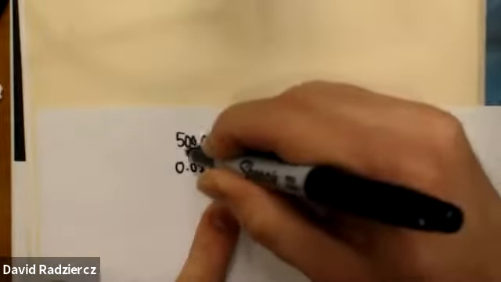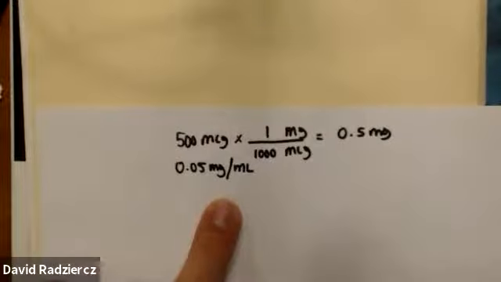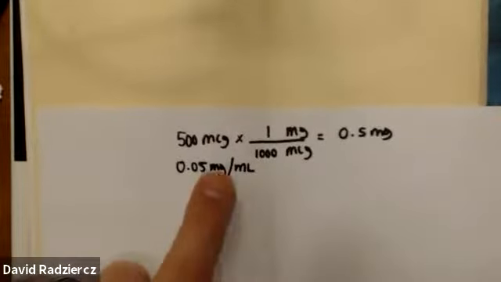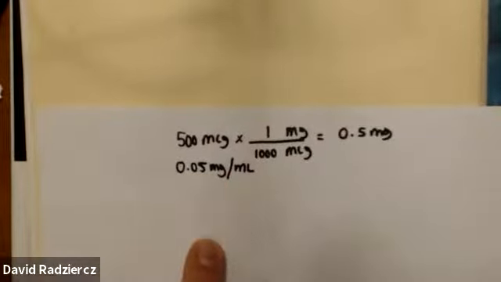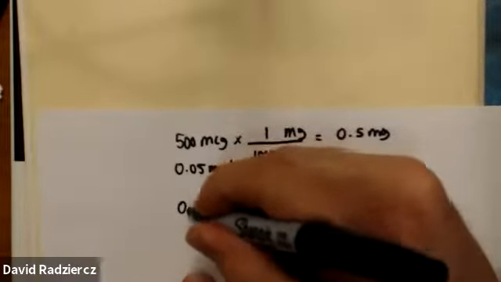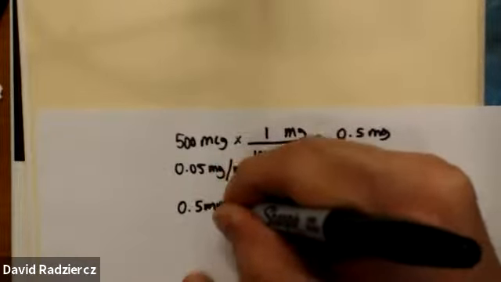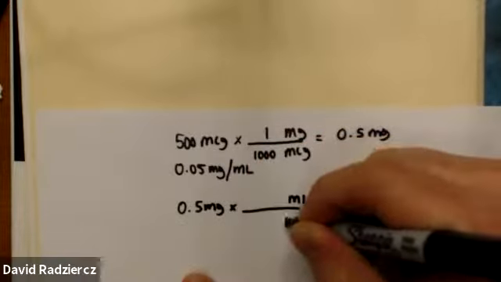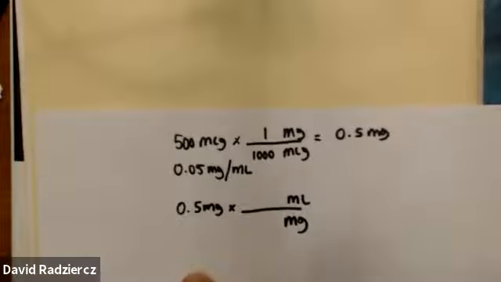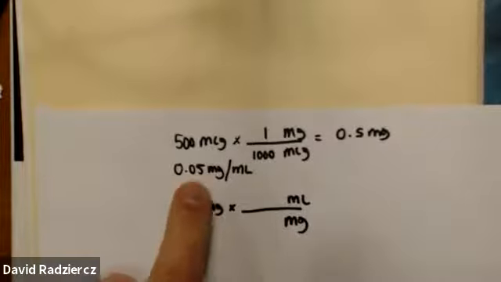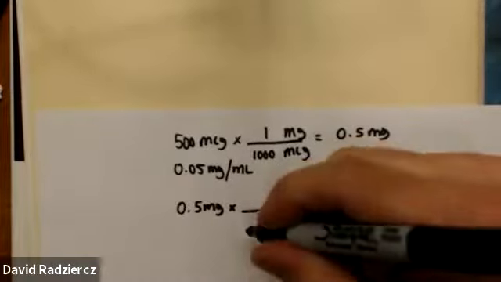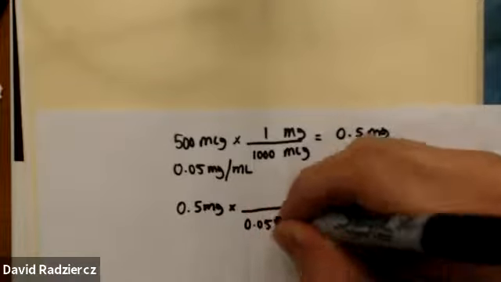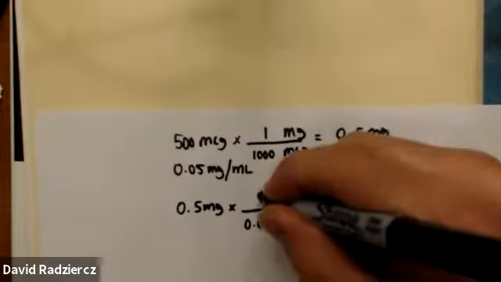Okay. 0.5 milligrams. Now I can do something with this. Now I can take my order after I've converted it to 0.5 milligrams, and I can find out how many milliliters given my concentration, or what I have available to administer. So it's 0.05 milligrams and then 1 milliliter.